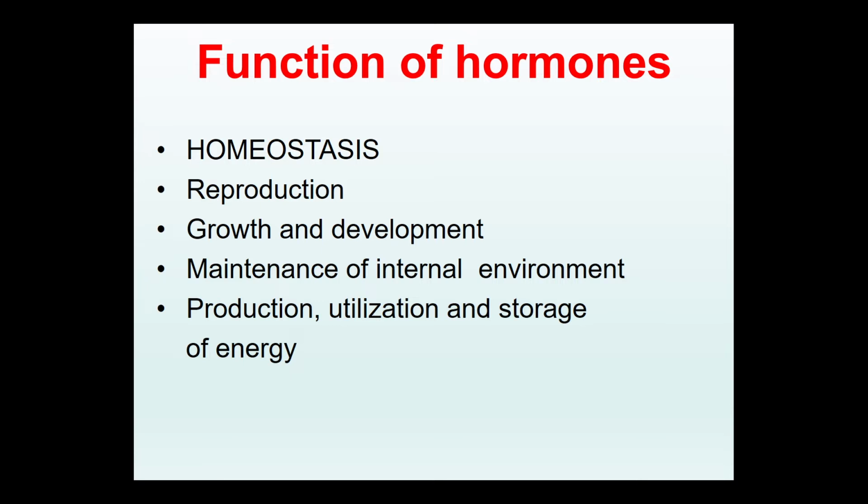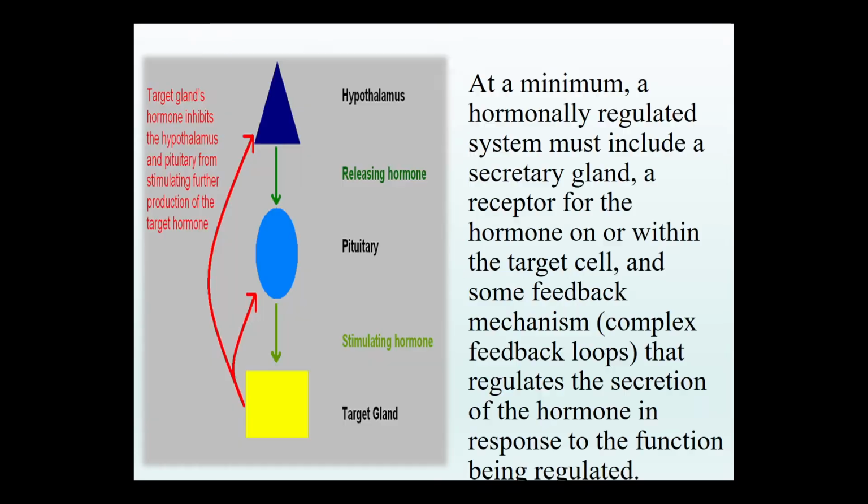You see that, as a minimum, a hormonally regulated system must include a secretory gland, a receptor for the hormone on or within the target cell, and some feedback mechanism, a complex of feedback loops that regulate the secretion of the hormone in response to the function being regulated.